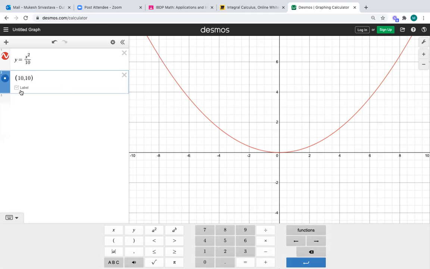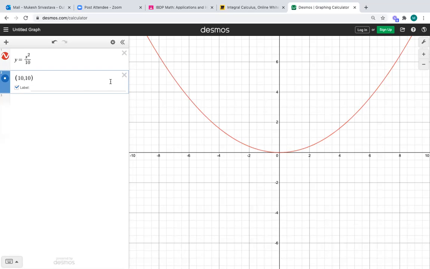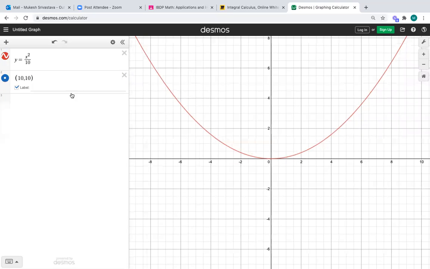When x is 10, y will be 10. Correct. Let me mark this point here.